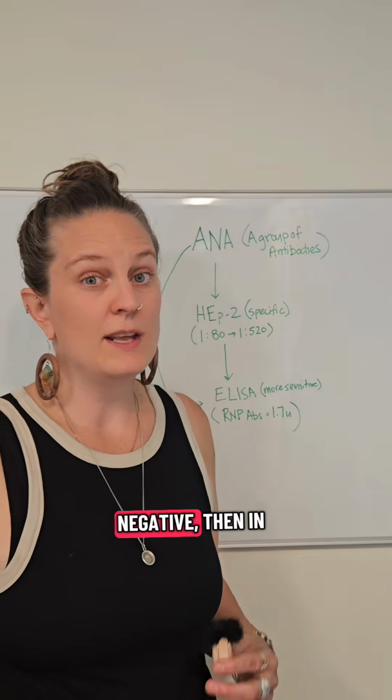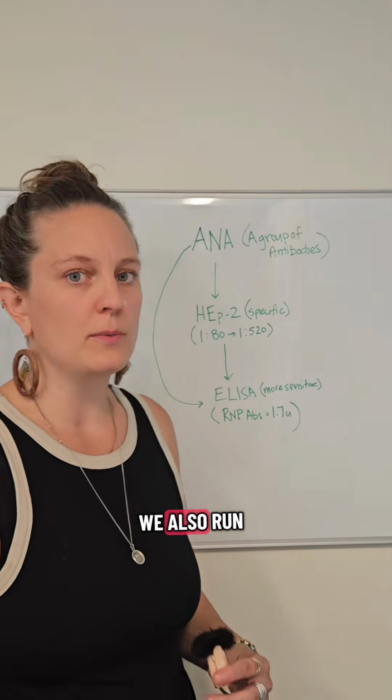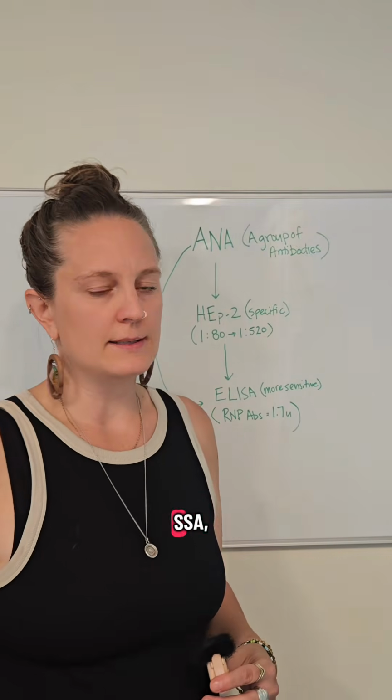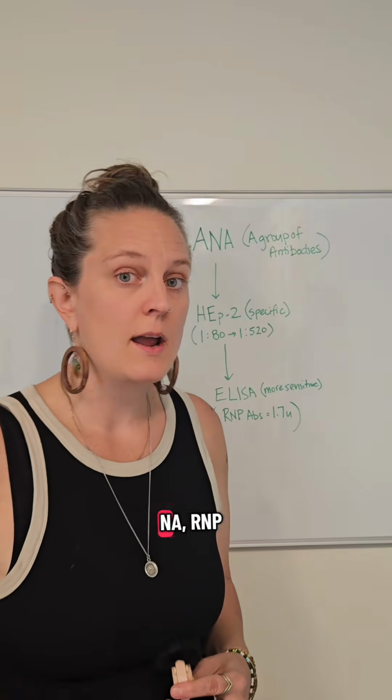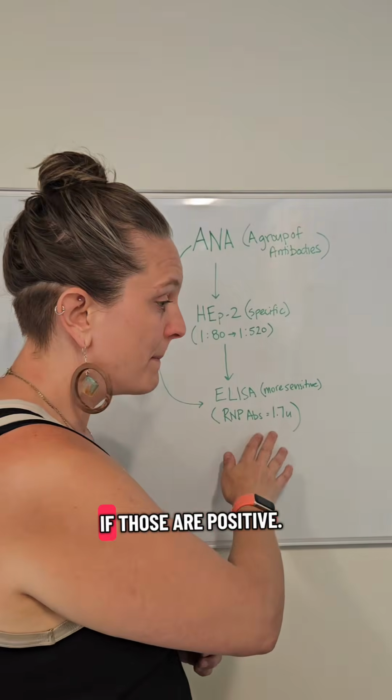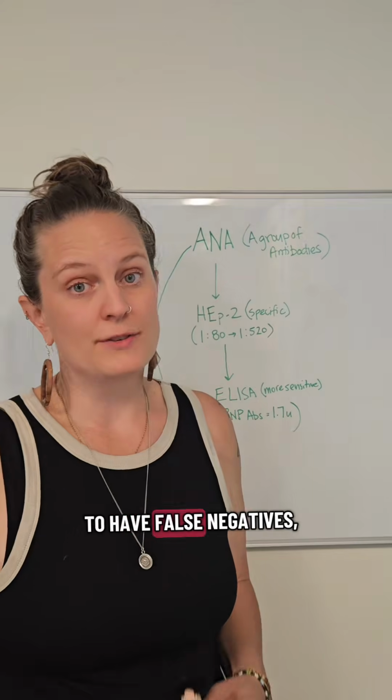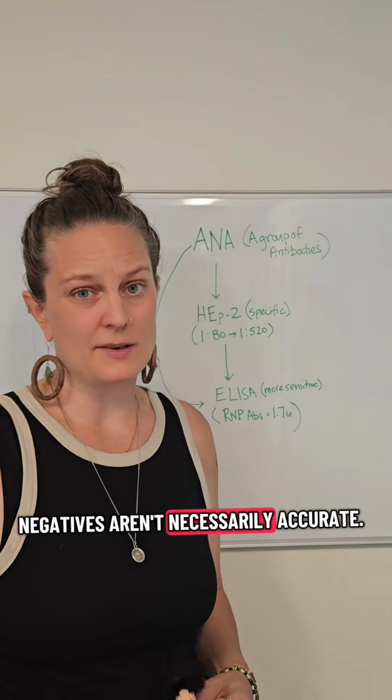And if that's negative, then in addition to that, we also run the ELISA testing for the individual antibodies we're looking for, SSA, SSB, double-stranded DNA, RNP, and we see if those are positive, because the ANA is more likely to have false negatives, meaning that the negatives aren't necessarily accurate.